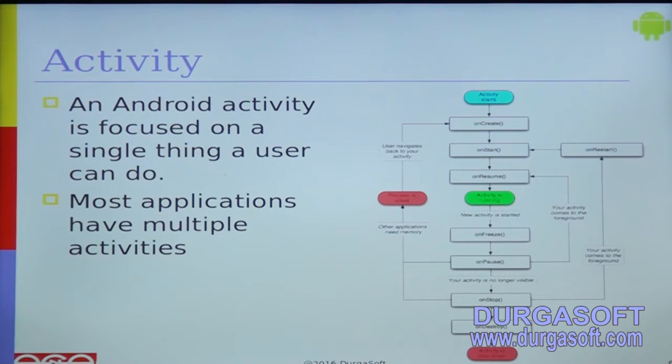So when you said onCreate, in the sense each and every activity has a face, in the sense it will have some UI that has to get loaded, or some view that has to get loaded. That view will be loaded in the onCreate state or onCreate method.